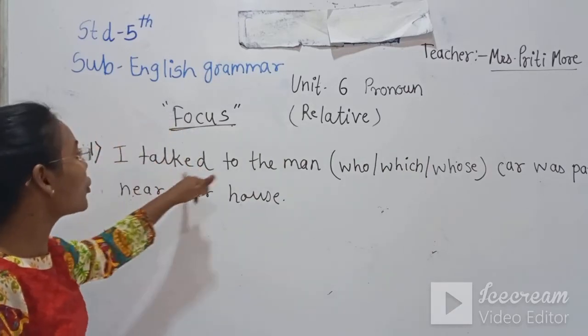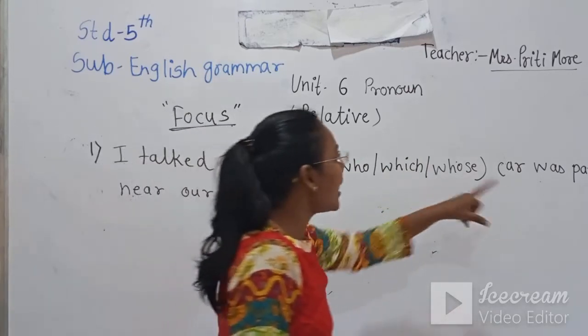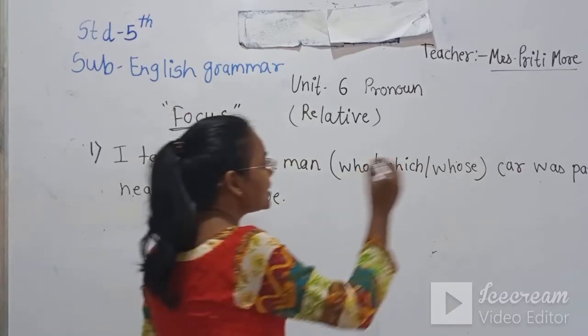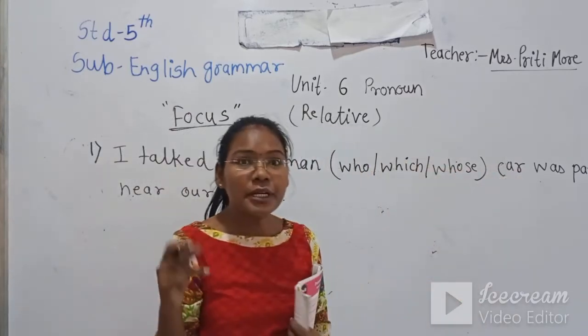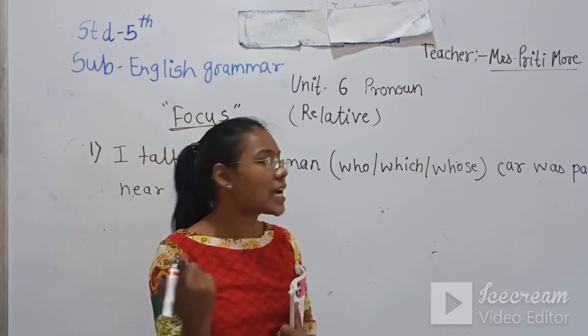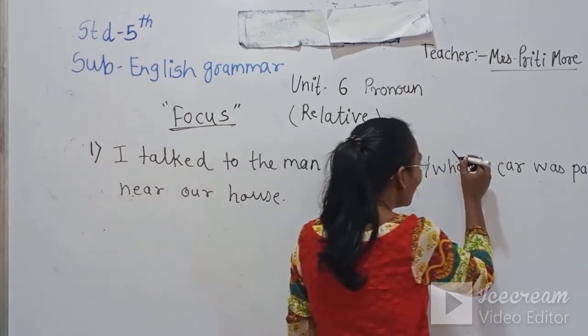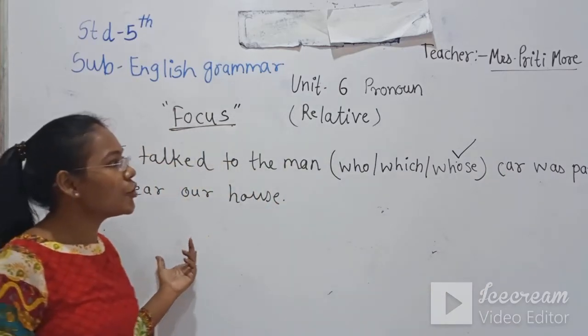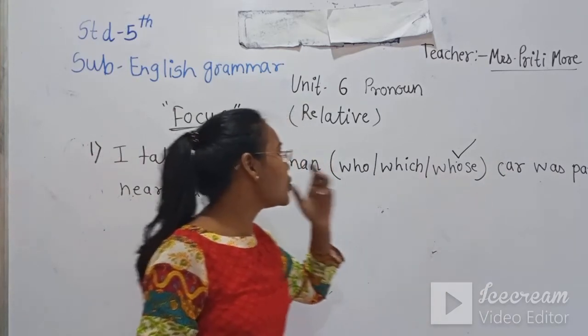So, I talked to the man. Car was parked near our house. That means the car. Whose car? Who is showing the authority here? So that's why belonging is showing here.